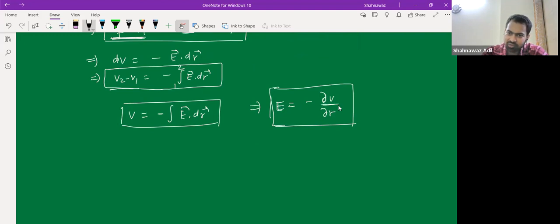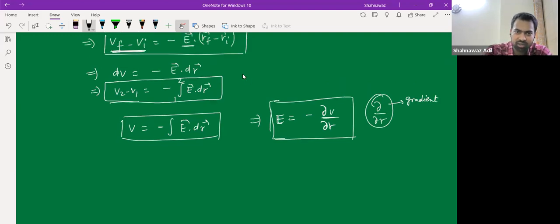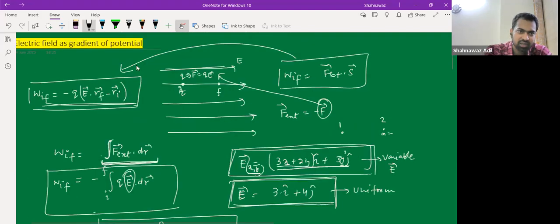Gradient means that we are taking the differentiation with respect to r, so d by dr is called the gradient. So that is our topic: electric field as gradient of potential.